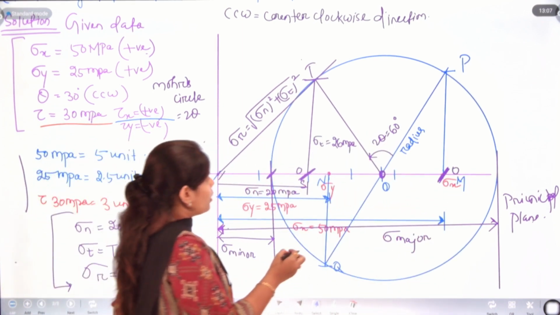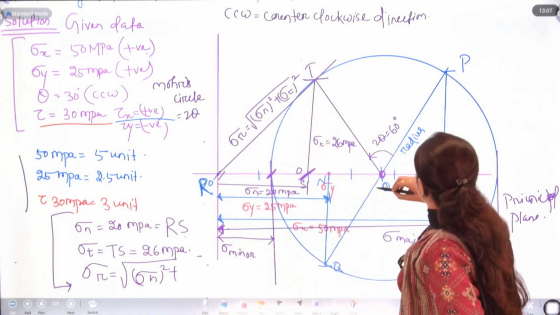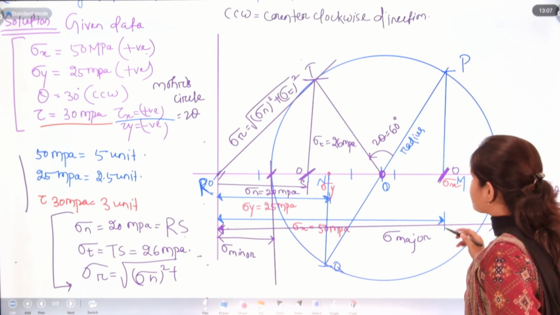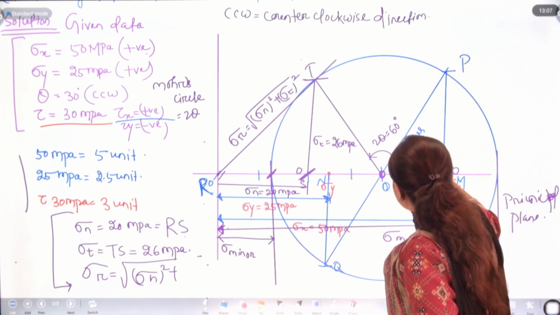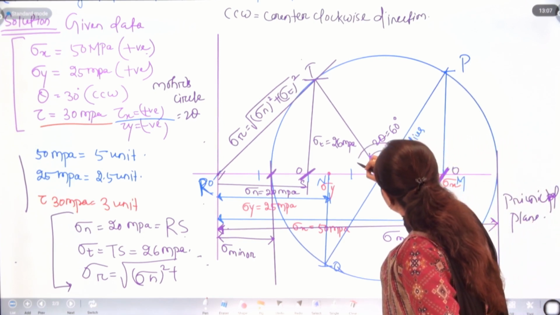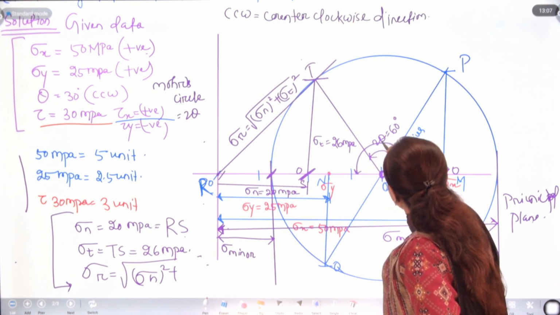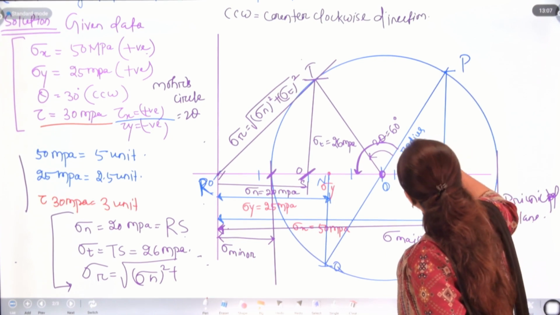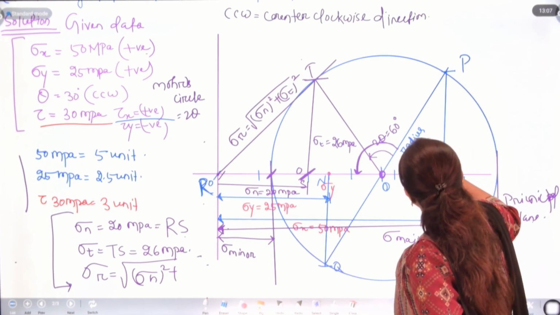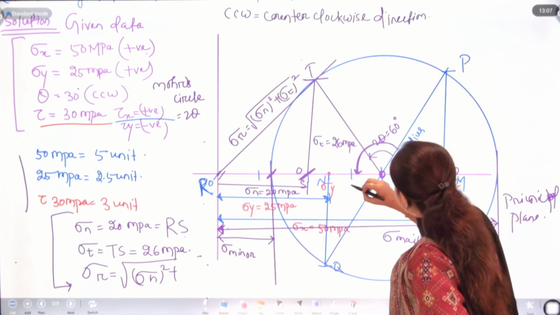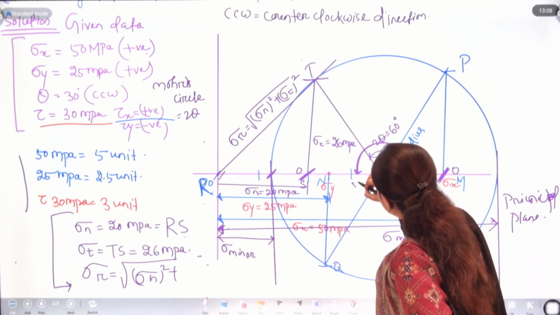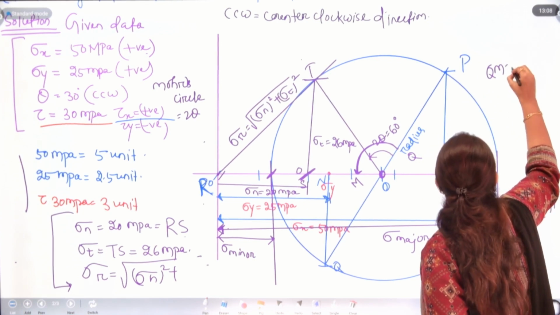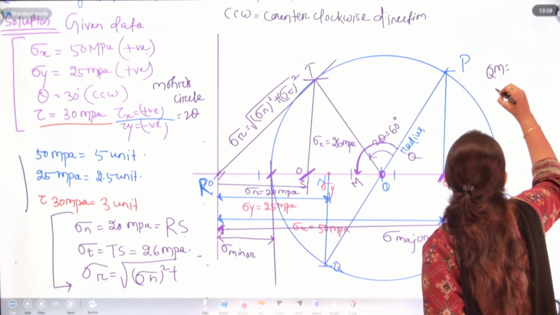So from OP, we need to always find out the principal plane. So this angle here to here, okay, let's take it as Q and M. So this QM angle will be your what?